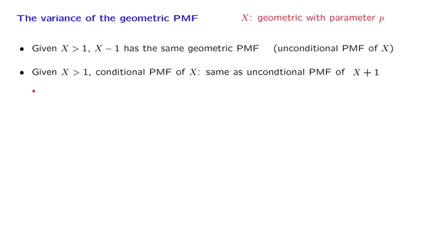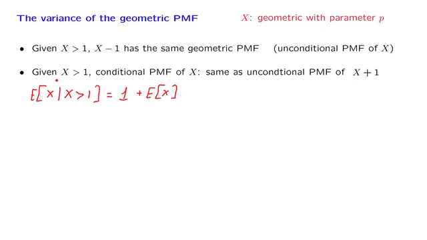One consequence of the memorylessness that we have already seen and exploited is that the expected value of x in the conditional universe where the first coin flip was wasted is equal to 1, that's the wasted coin flip, plus how long you expect to have to flip the coin until you obtain heads for the first time, starting from the second flip.